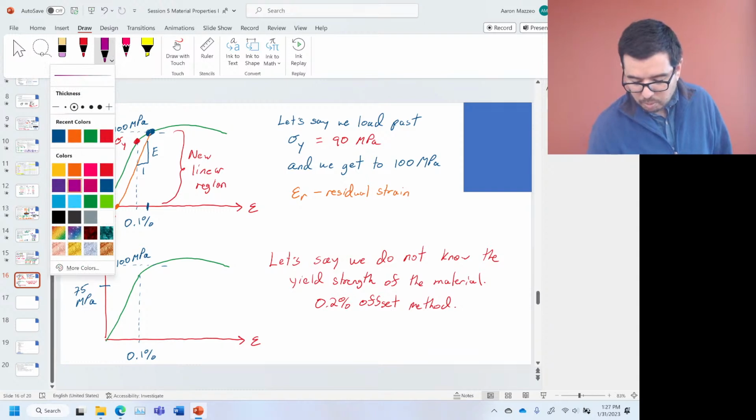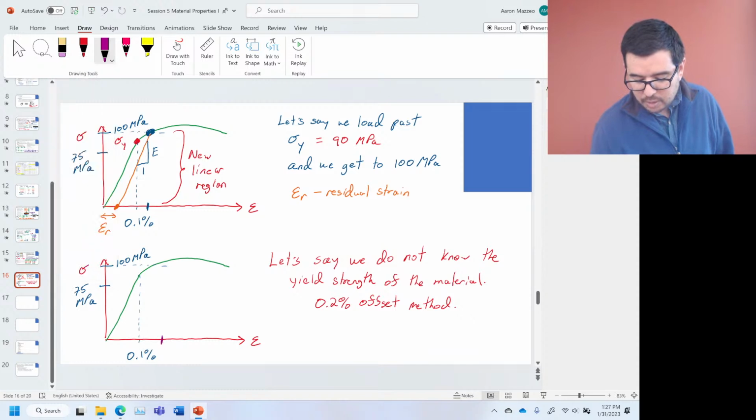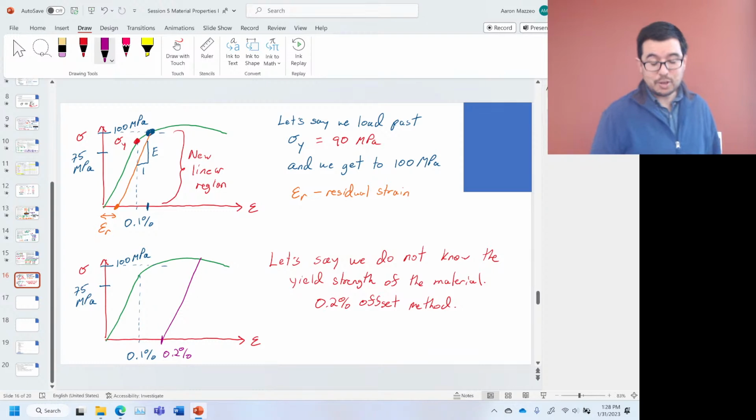So we say 0.2%, let me pick a different color. Let's do that purple. So this is 0.1%. This is exaggerated, but this would be 0.2%. Then what you do is you draw a line parallel. This is a bad example because it shouldn't go past. I should have tempered it a little bit. Let's cheat.